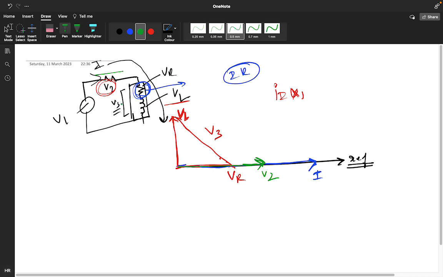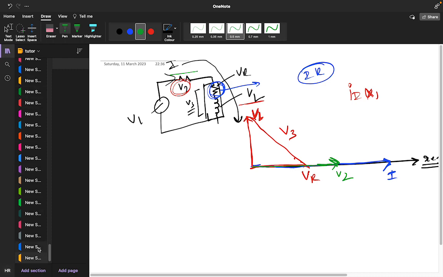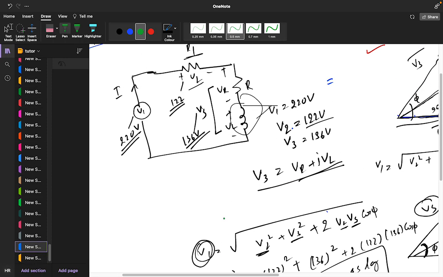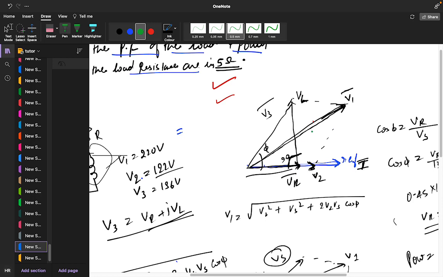V1 is nothing but V2 plus this particular V3, right? So earlier we drew this phasor like this.